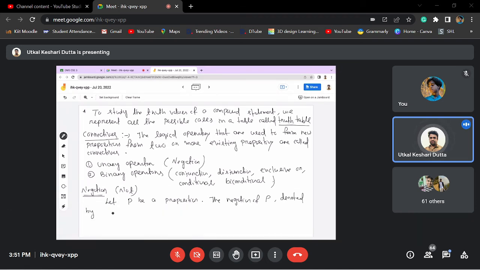You can write tilde P or not P, or you can use this symbol. This is also not P. When you are finding the negation of that proposition, you can read tilde P or use this symbol, which is also the symbol of negation.